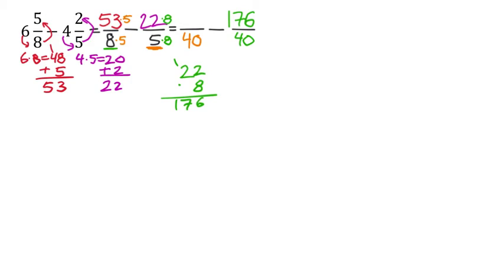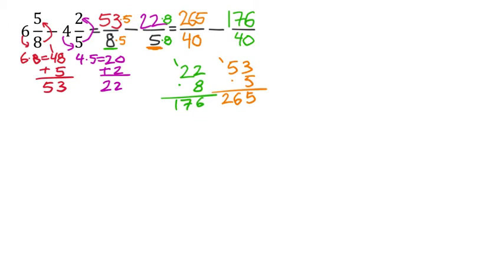But I got to do the 53 times 5. So let's see, 53 times 5. What do we get? 5 times 3 is 15, carry the 1. 5 times 5 is 25, but add the 1 makes that 26. So I have now 265/40 minus 176/40.